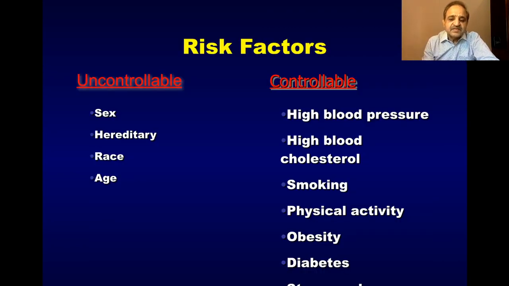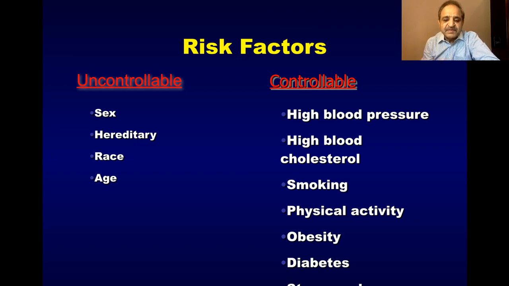On the right side, you can see controllable risk factors. High blood pressure not only causes coronary artery disease, it is also a risk factor for stroke, heart failure, and kidney disease. And then dyslipidemias, particularly high LDL level, low HDL level, and high triglyceride levels are risk factors for the formation of the plaque, which I have shown in this picture.